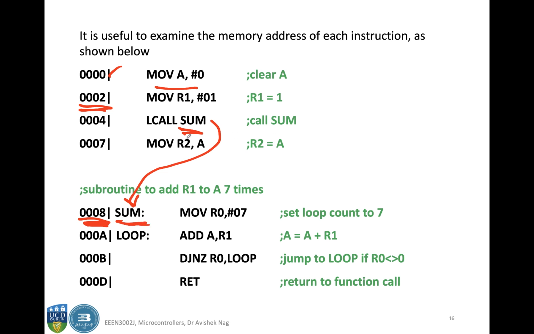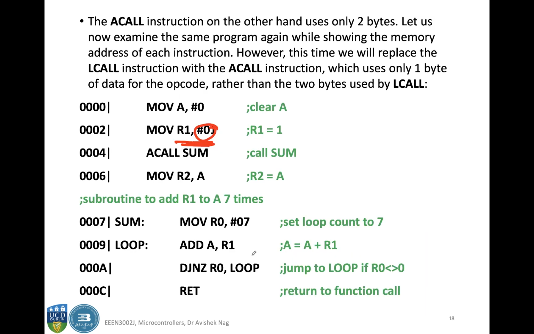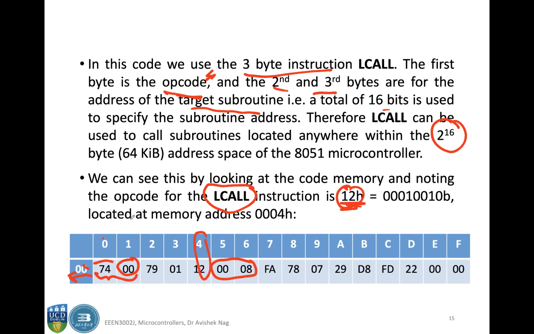In other words, this is actually moving to the 2 bytes that are denoted right after the LCALL opcode. These are the 2 bytes right after the LCALL opcode, and that is 0008, and it is basically moving to 0008. So this is how LCALL works.